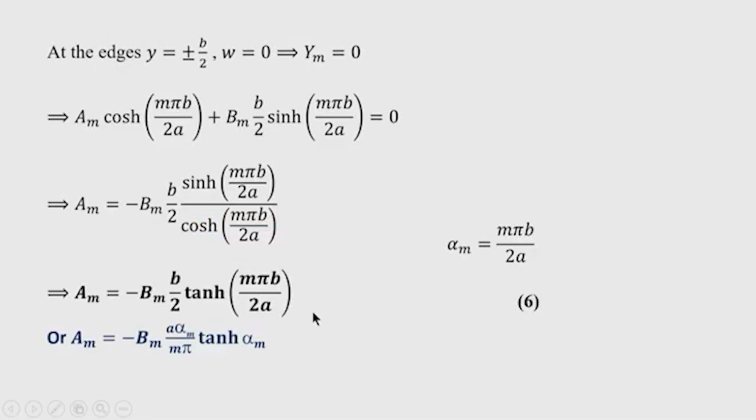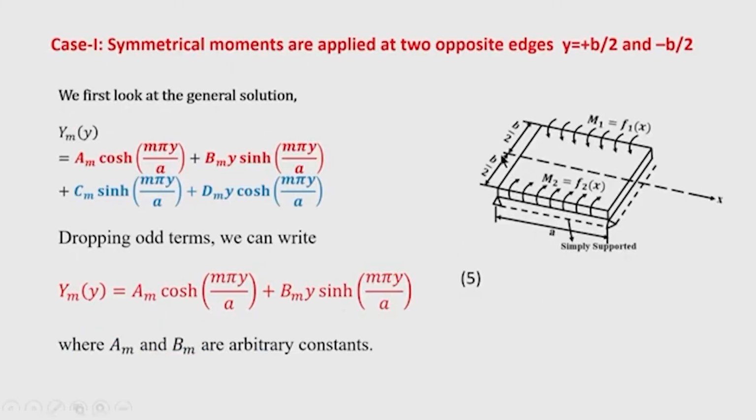So A m and B m are the arbitrary constants which are found by applying the boundary conditions. In the plate you can see the x axis, this axis of symmetry passing at the center of the plate along the x direction, so it is symmetrical about the x axis.